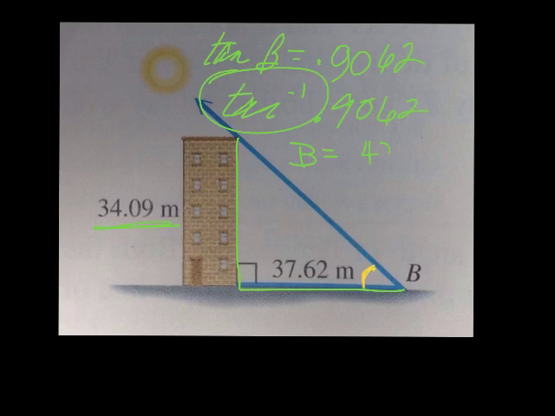In this case, you get 42.18, or an estimate of that, and that's what that little squiggly equal sign means. So the angle of elevation looking up to the sun is going to be 42.18. All right, so that is lesson 2.4.